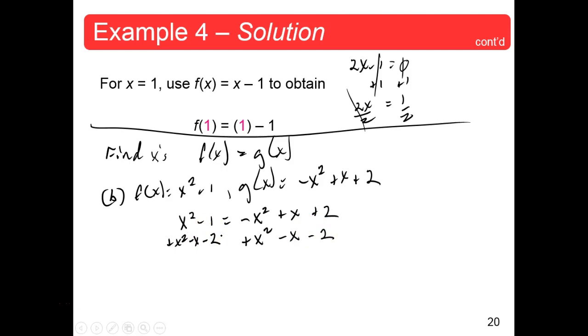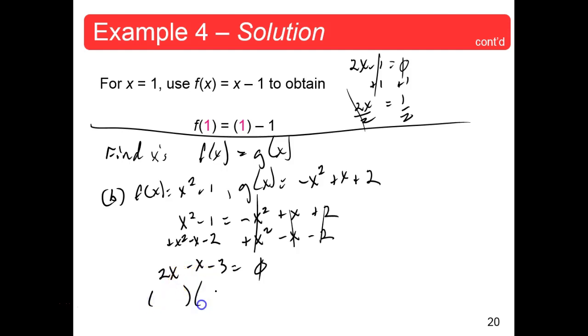Okay, what happens on my left? X squared plus X squared is? It's what? 2X squared minus X, because that's the only one there, and this gives me negative 3. And over here we got 0.